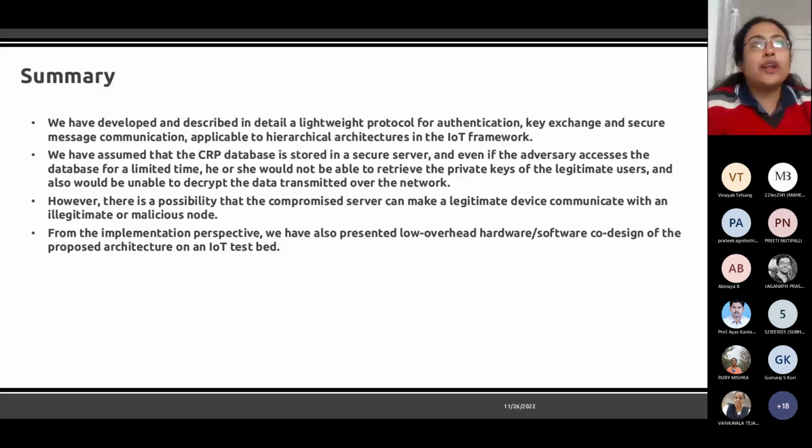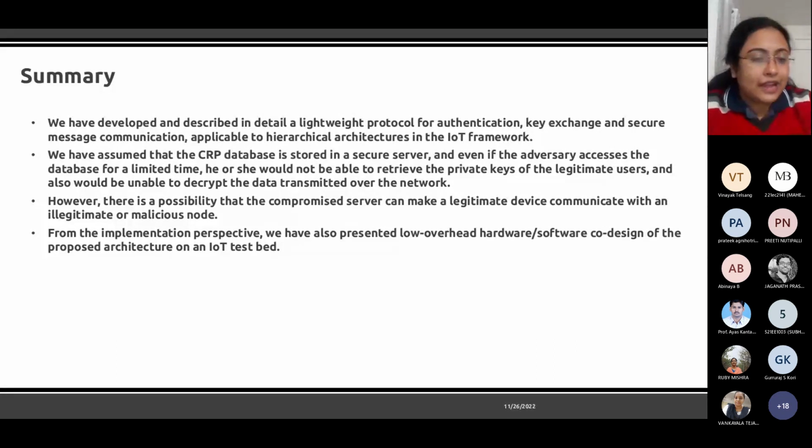So low overhead comes from area, power, delay, and timing. When you propose a design, you have to show a comparison that your design consumes less power, less area, and less time than the state-of-the-art literature.